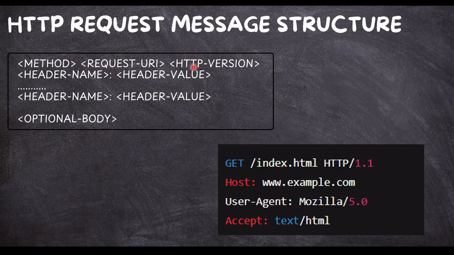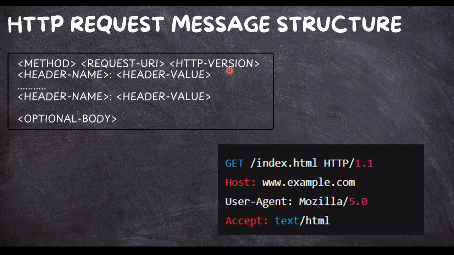Now, what is the HTTP version? Because by now we haven't talked about HTTP version. But I have already told you that HTTP is a constantly evolving protocol. Back in the day, it was used only to send HTML files over the internet, but now you can send anything. So with time, HTTP has evolved and taken different forms in the form of different versions.